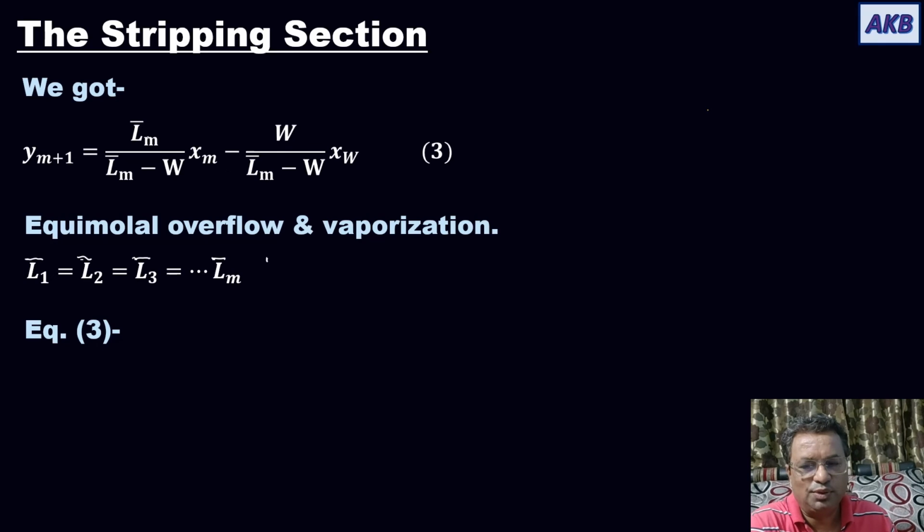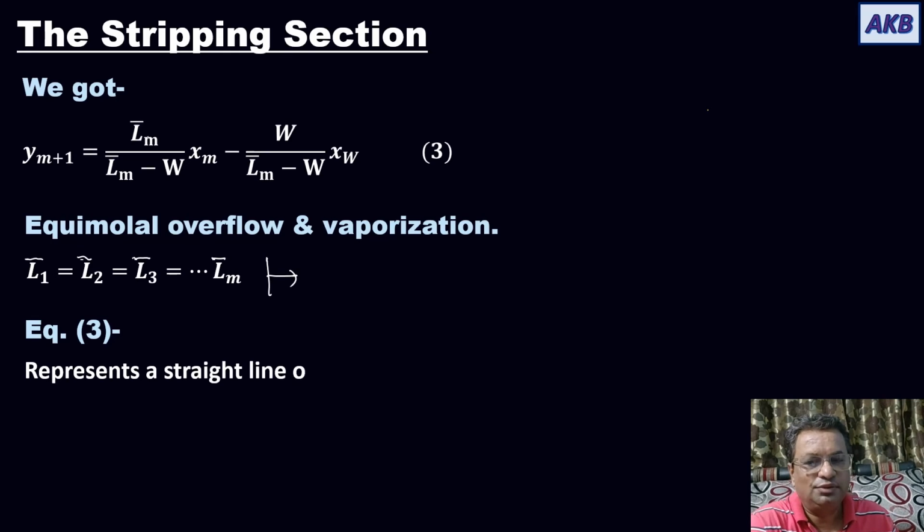Now please remember, over here 1, 2, 3 represents the numbering of the trays in the stripping section. Are you understanding it? So this is not the first tray in the column. Over here L1 represents the first plate in the stripping section.